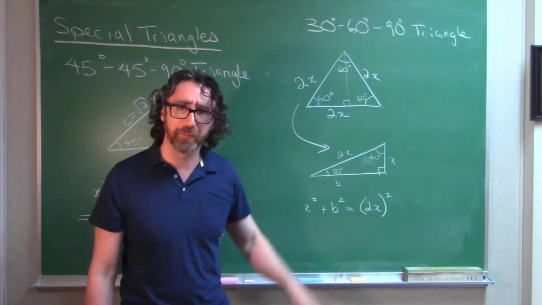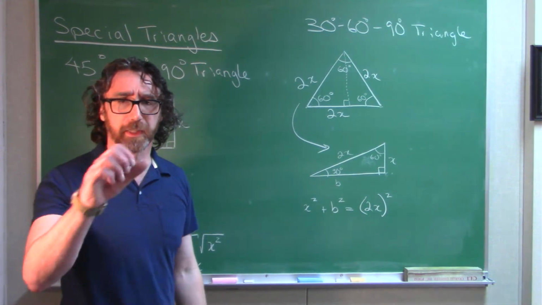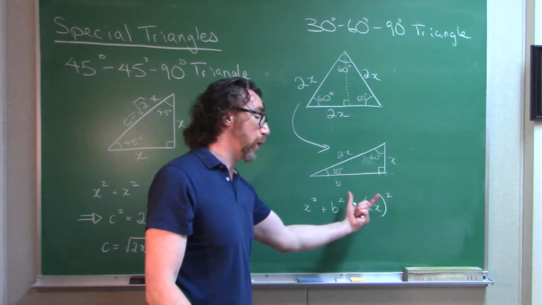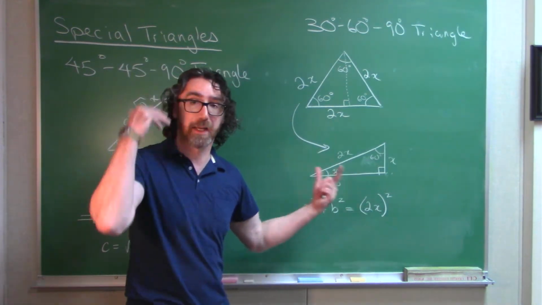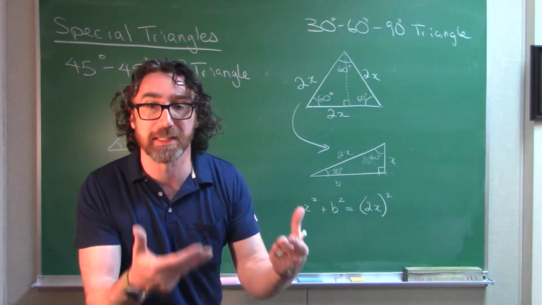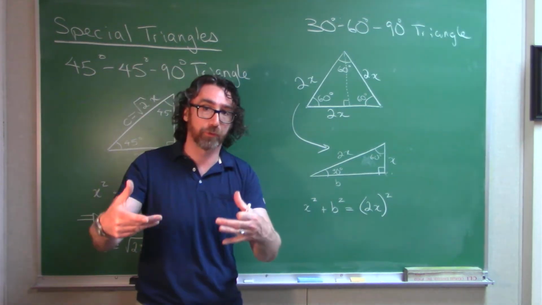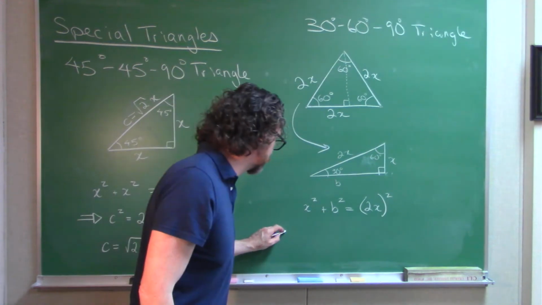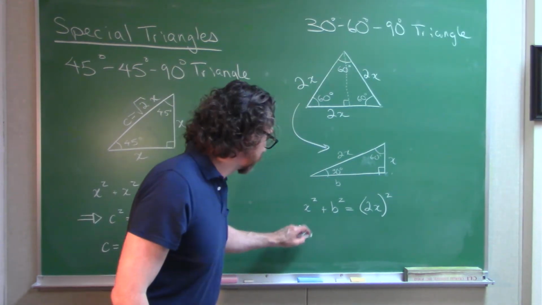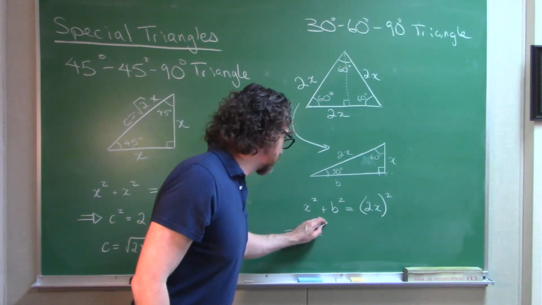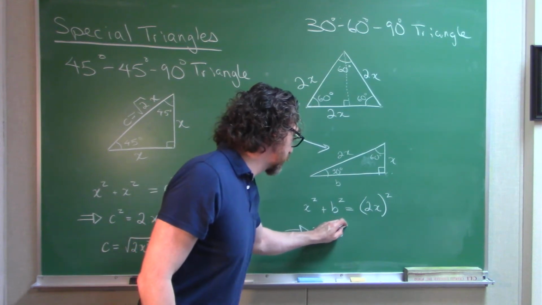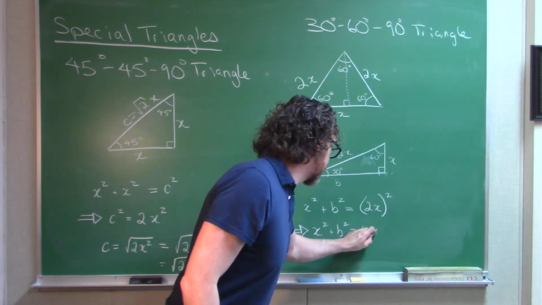Notice I put parentheses there. This means I have to take the whole quantity 2x and multiply it times itself. 2x times 2x actually gives me 4x squared. So if this equation is true, that means x squared plus b squared equals 4x squared.